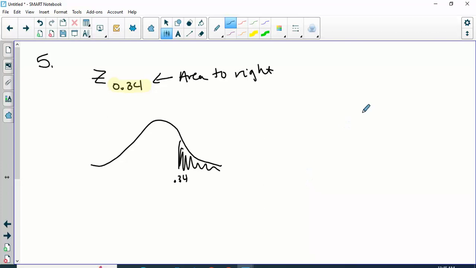Okay. So we have to find the z value. This 34% is the area in that. When you look at your table, if you flip to your normal table, it shows you area to the left. So if we do 1 minus 0.34, that is 0.66. So what you're doing is going inside your table, the closest we can get to 0.66.